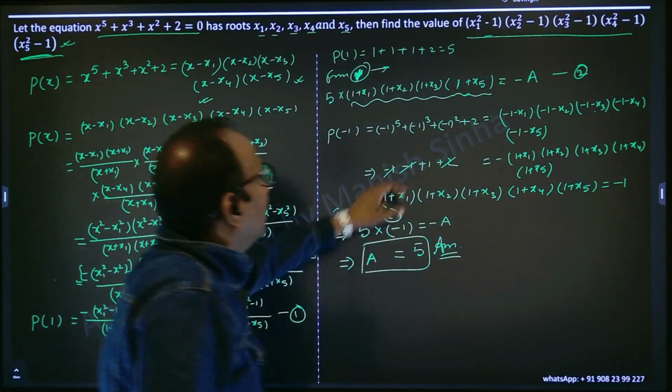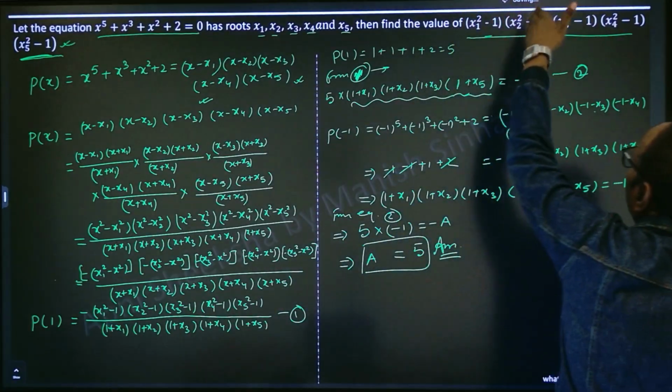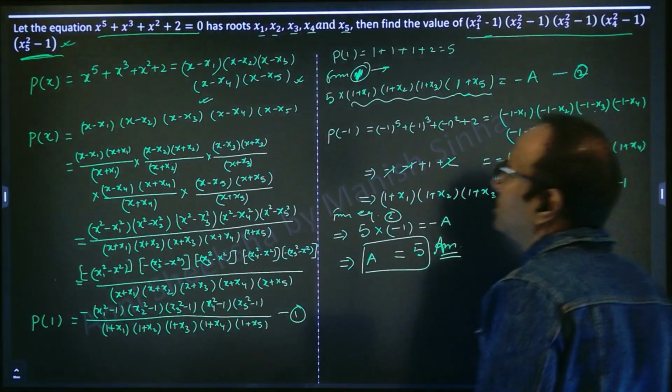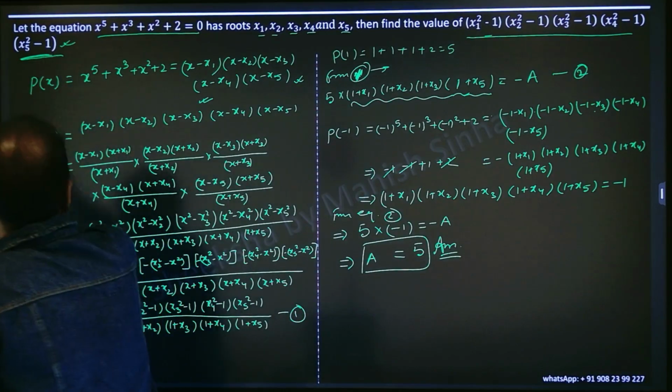A is nothing but the same thing: x1 square minus 1 into x2 square minus 1 into x3 square minus 1 into x4 square minus 1 into x5 square minus 1.